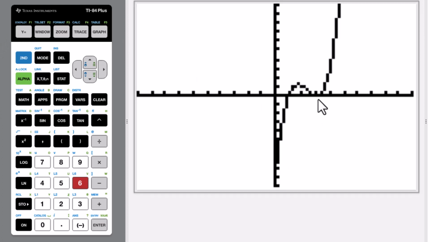Let's change the window to have a clearer graph. You could say the x-intercept is less than 5. For the y-intercept, we will change to -1 and 1 so that we can see what's going on in this part.